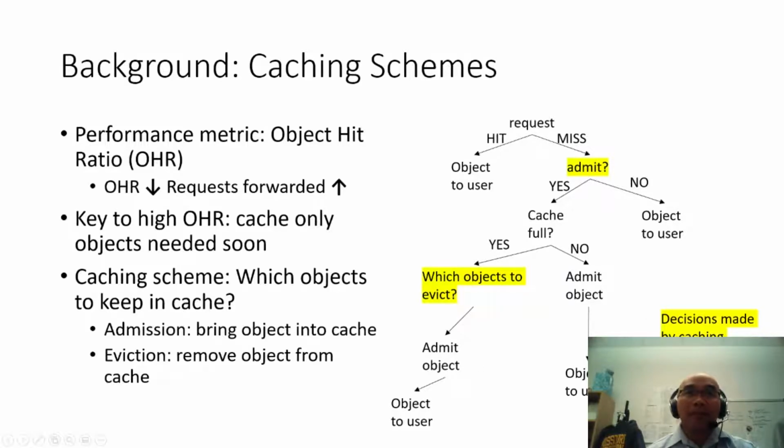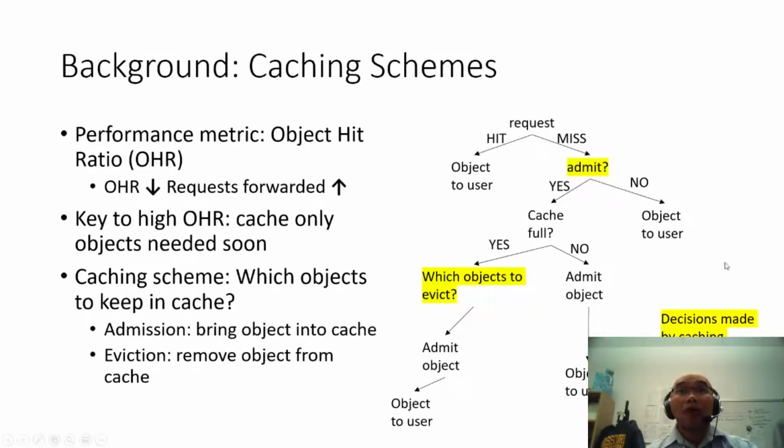The proposed metric for this measurement is called object hit ratio. Let's say if the object hit ratio is 30%, for every 100 requests, only 30% of them can be fulfilled on the server. The other 70% will have to be forwarded to the content provider.